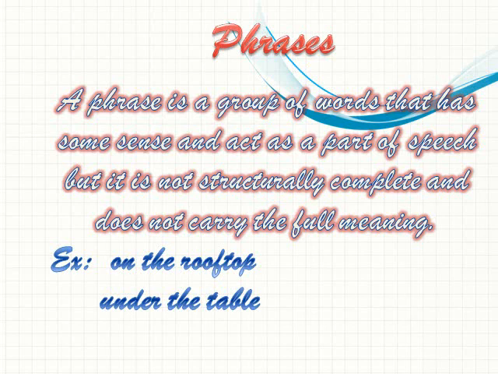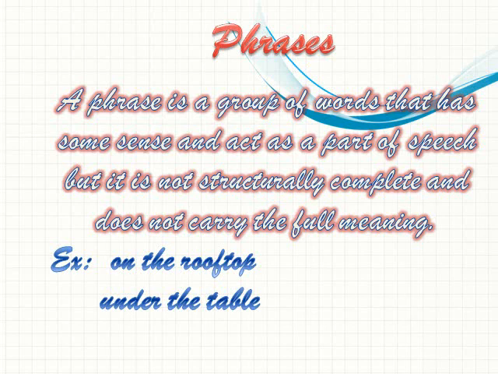So the next thing which comes up is a phrase. A phrase is also a group of words, but the difference is that a phrase does not have a subject and a verb. It conveys some meaning, but it does not convey the complete meaning. So basically, it can be used as a part of a sentence.